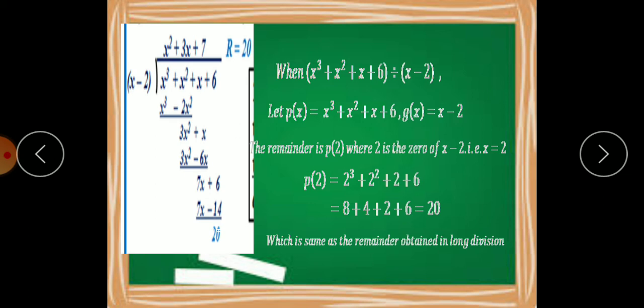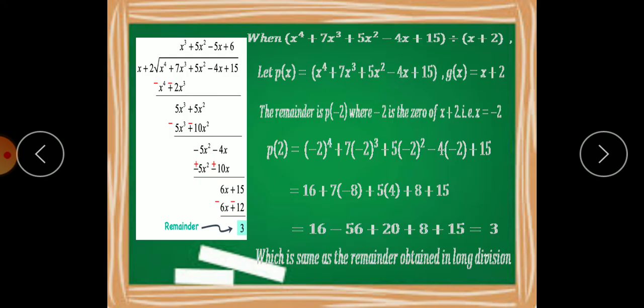To know the remainder of a division process, instead of doing the long division method, we can find the 0 of the divisor and that number should be substituted in place of the variable of the dividend.